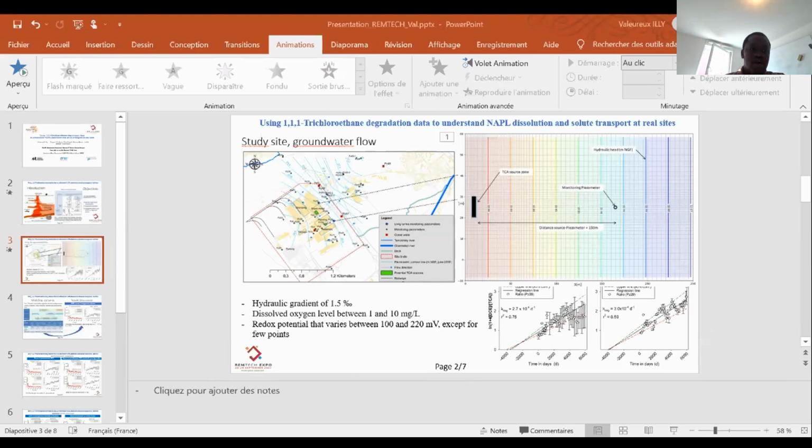In this case, you have the first peak relatively well fitted, but the second peak and the tail of the concentration, which is very important for the site managers to understand what's happening, cannot be fitted. With this model, we cannot fit the tail of the low concentration.